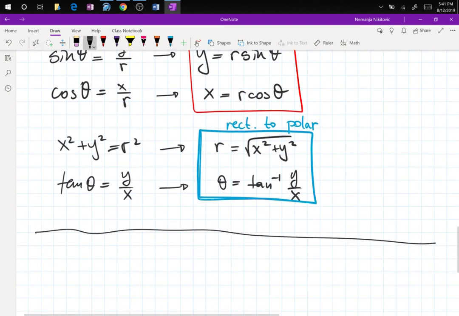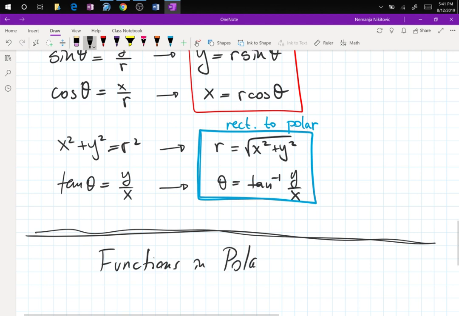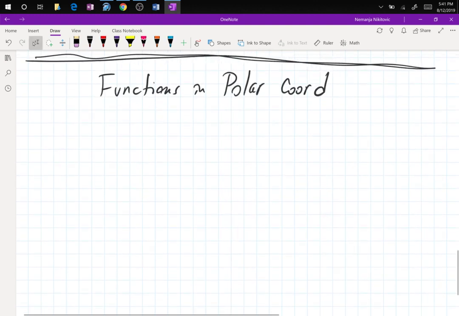Now we jump into functions in polar coordinates to see what kind of cool stuff we can get.